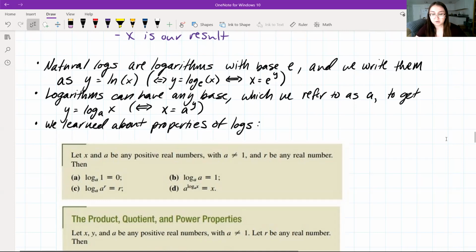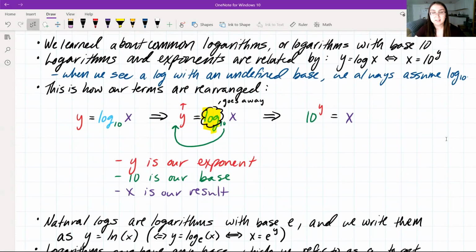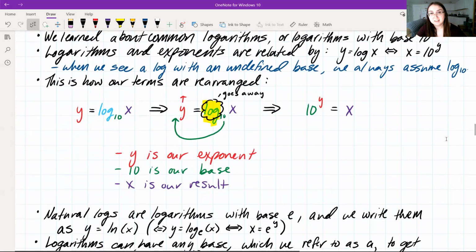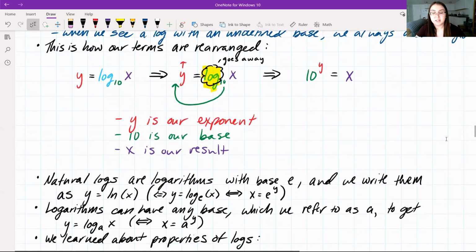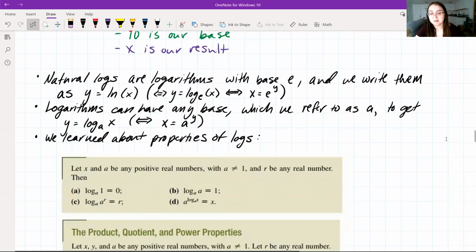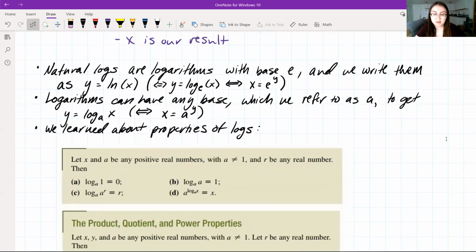Logarithms can have any base, which we refer to as a. In the case of this equation, instead of 10, we could have written a, so the base could be any value, not just 10. Then we can write that as y is equal to log base a of x, which is also the same thing as saying x is equal to a to the power of y.